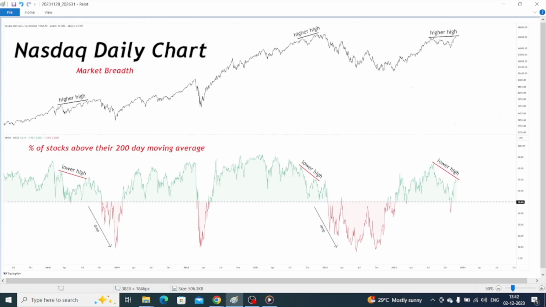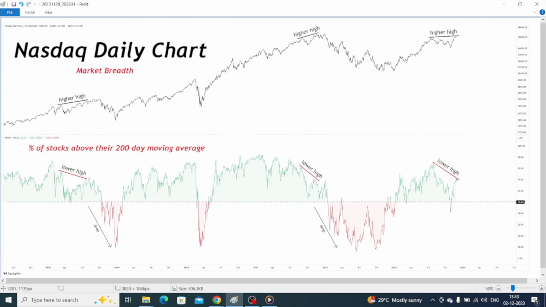Now in the current instance, you can see that NASDAQ again is hovering close to its all-time high zone, and see the percentage of stocks above their 200-day moving average. It's very few. So what does it signify? It signifies that the index is primarily moving higher due to its major stocks which have high weightage along with high market cap.